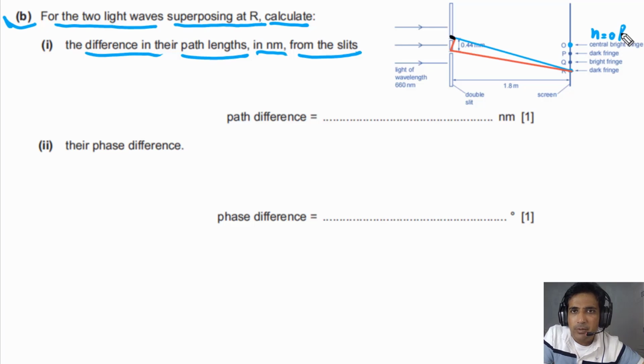It means that path difference is equal to 0 when the waves reach at this point O and they form the bright fringe. And if you look at point Q, at point Q n is equal to 1.